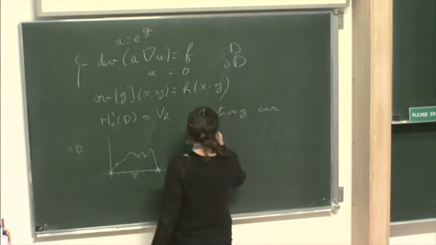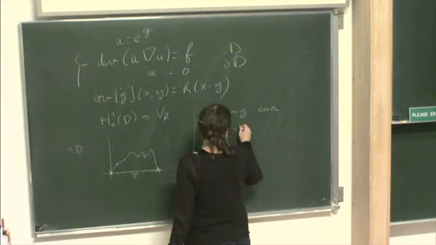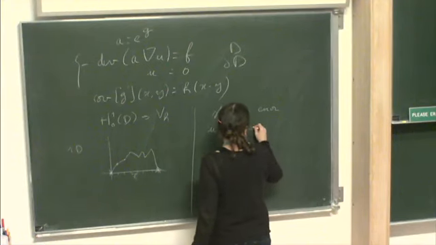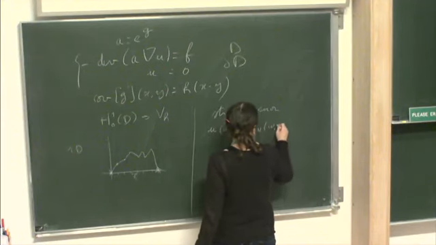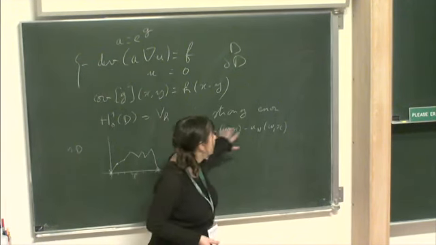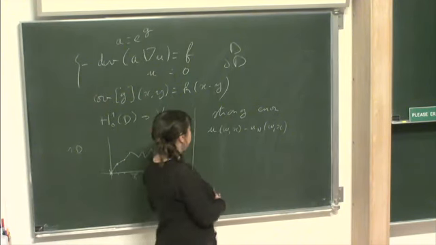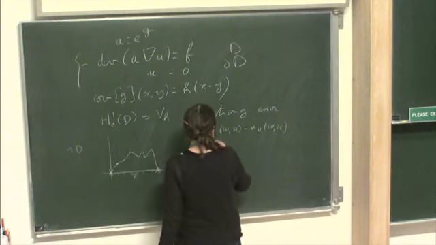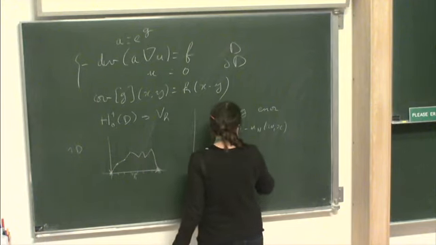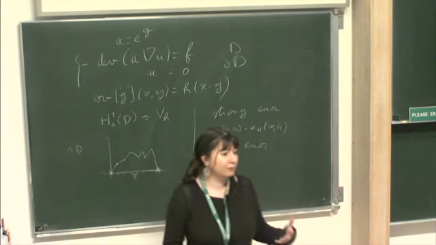I want to compare U of omega, x and Un of omega, x. That is to say, for a fixed omega, I want to compare U and its approximation. Whereas the weak error is actually more natural, because what do we want to compute?